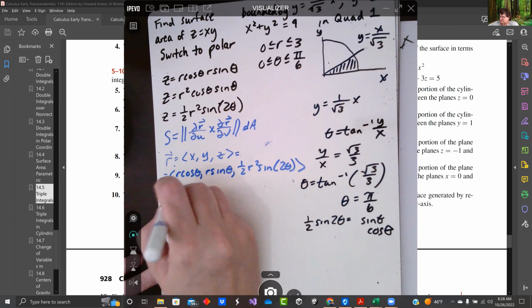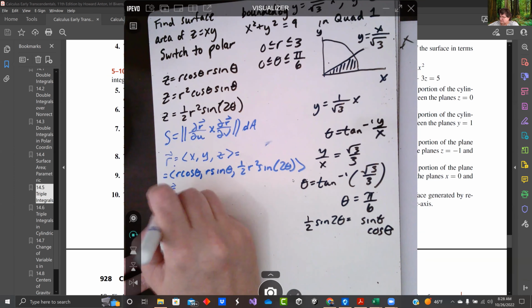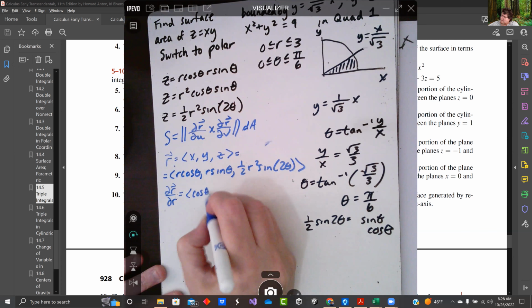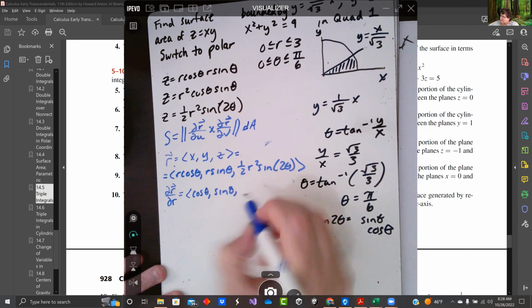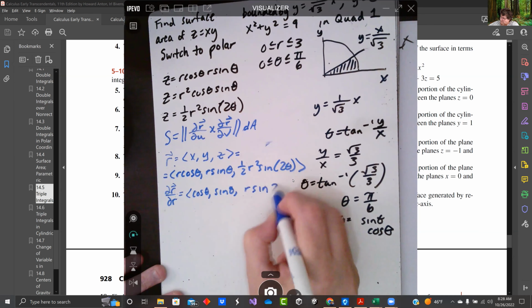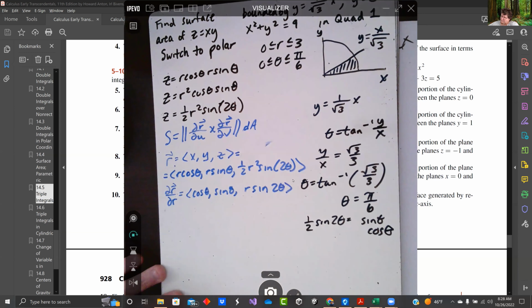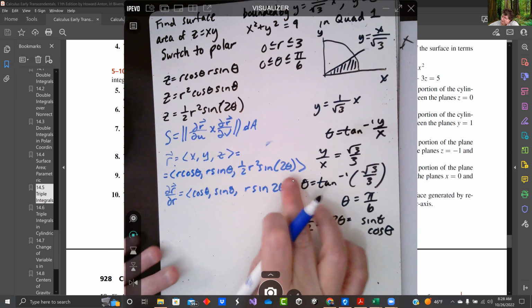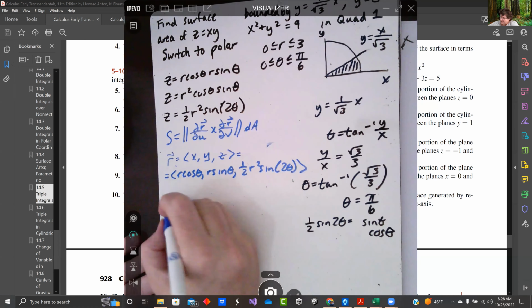So dr/dr, I'll move that a little lower so we can do the cross product right away.